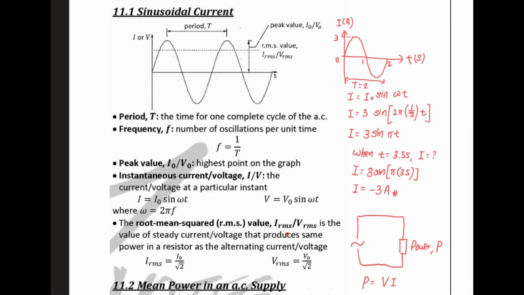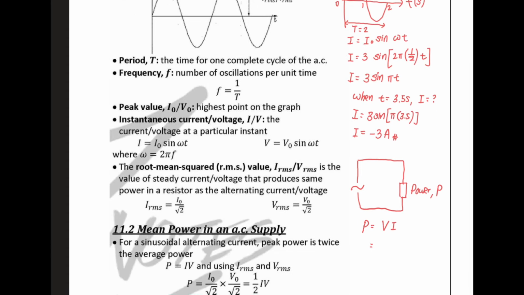So because of that, we have to take the root mean square value. It means that the power the electrical device receives is the power when you take the root mean square voltage multiplied by the root mean square current.